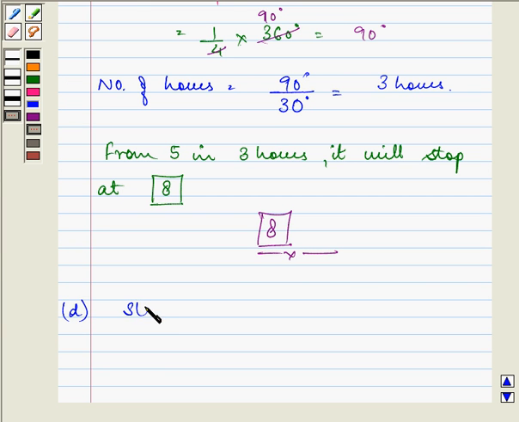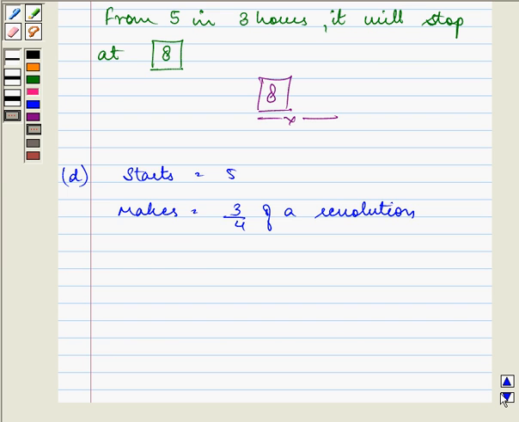Now here it starts at 5, makes 3/4 of a revolution, that will be 3/4 into again 360 degrees. This is the turn that the hour hand makes in 1 revolution.